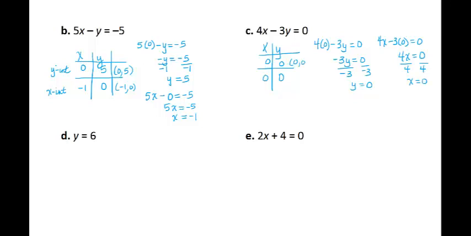So this is a case where the x and y-intercept are both the origin, (0, 0). And that is the case if our constant term is 0: then your x and y-intercepts will both be the origin.